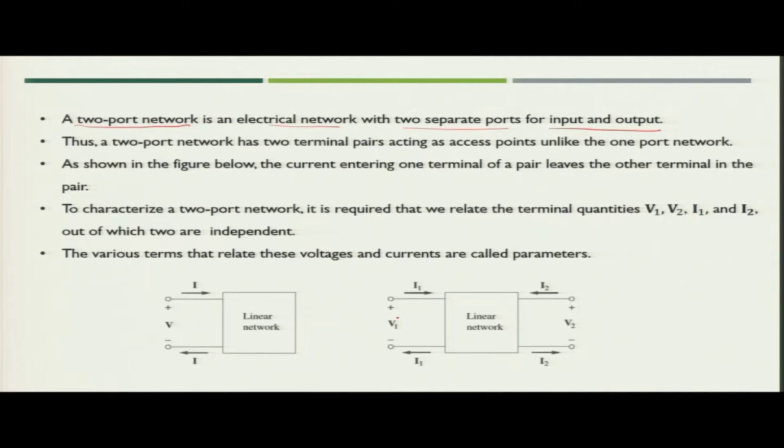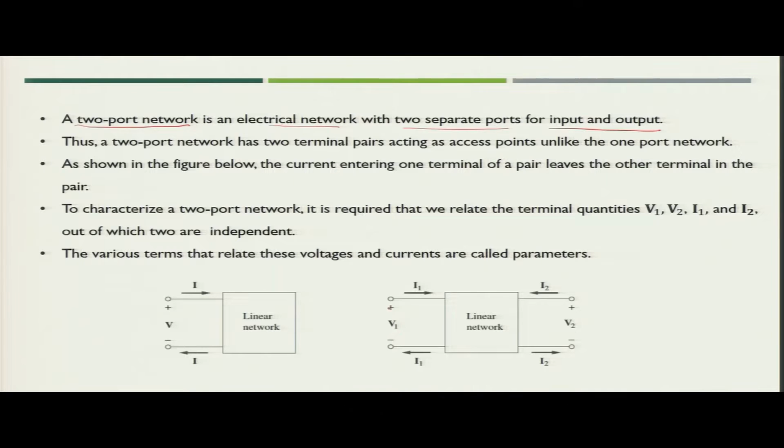If you have two pairs of terminals, it means you will have two ports. Then you will give current to the network, say I1, and it will come out from the other terminal, and at the other port you will give current I2 and it will come out from the other terminal.